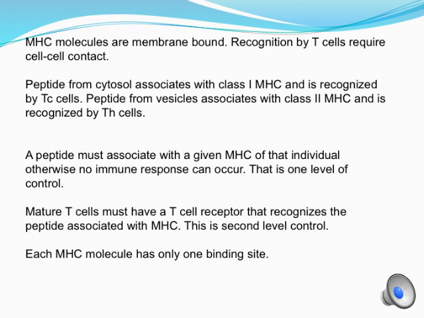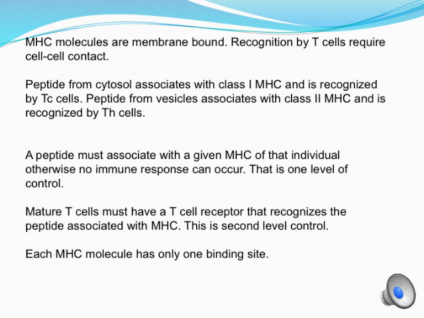This must associate with the MHC of an individual. If this association does not occur, no immune response will be seen. This is the first level: in the beginning, the peptide should be associated with the MHC.